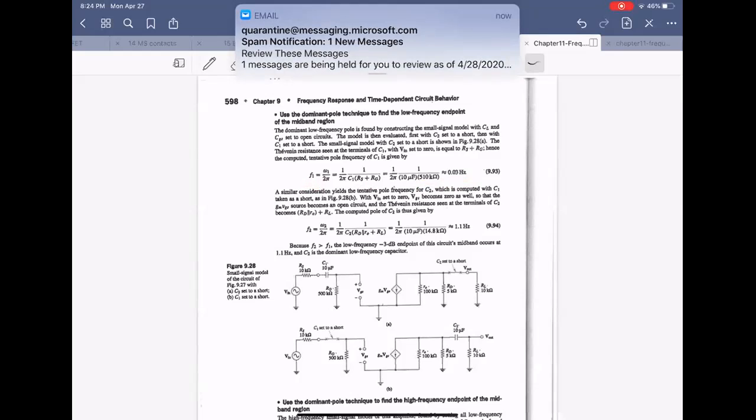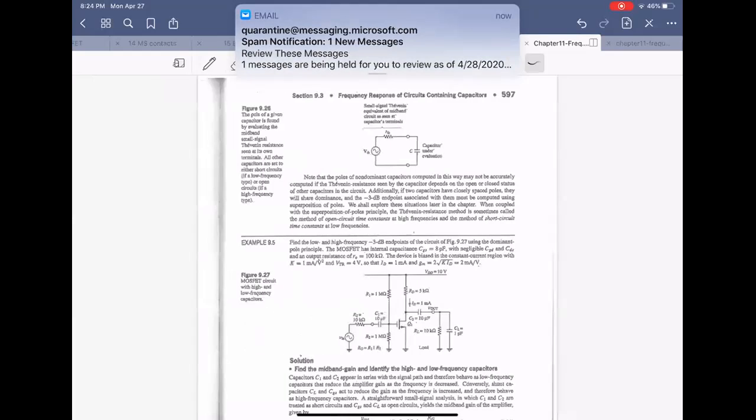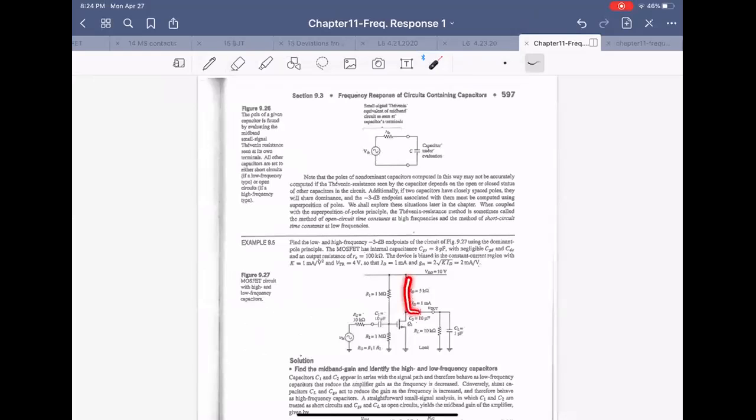FL2, what is in series with C2? We have to think about series with C2. What is it? This way, RD. This way, RL. Actually, there's RO there, but we ignore RO. RO is 100 kilo, but this is 5K, 10K, so we can ignore this RO.